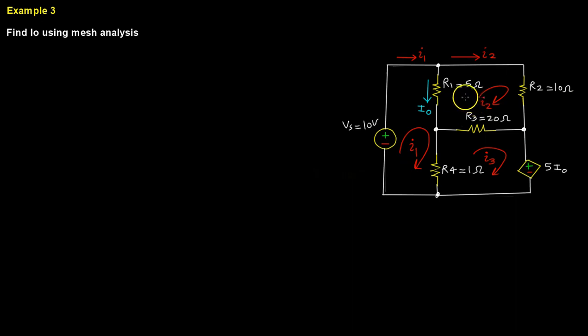For example, if I say that I1 is flowing in the clockwise direction, then I need to consider how that affects the direction of branch currents, for example the branch current here flowing in this direction, and also the currents flowing through the resistors, and basically how I1 and I2 fight each other to get some current flowing into this branch. As long as we're consistent with whatever declaration we make here, all the math should work itself out.